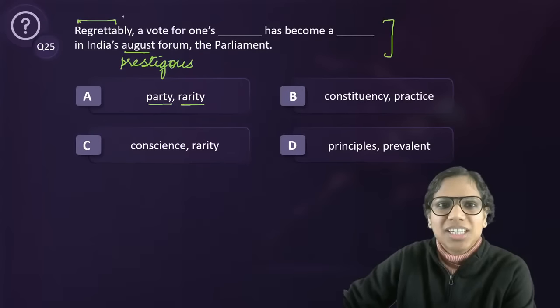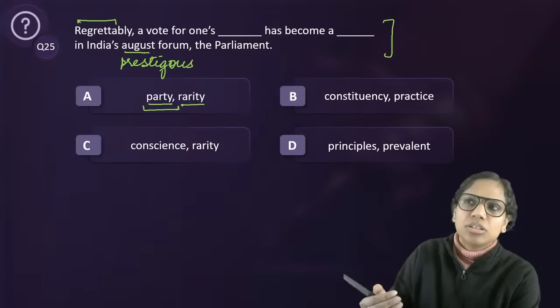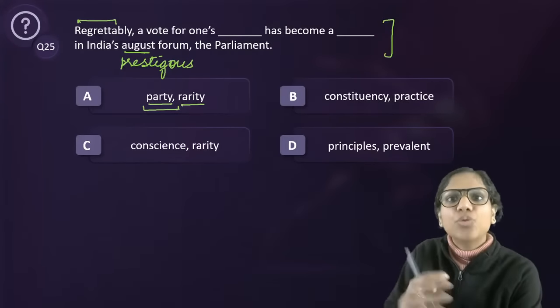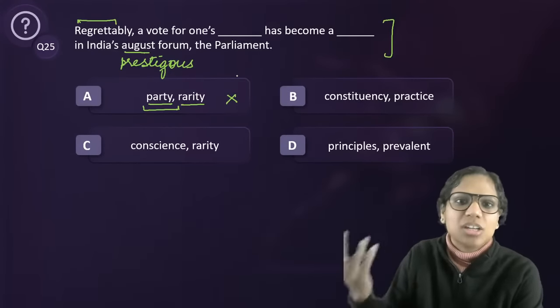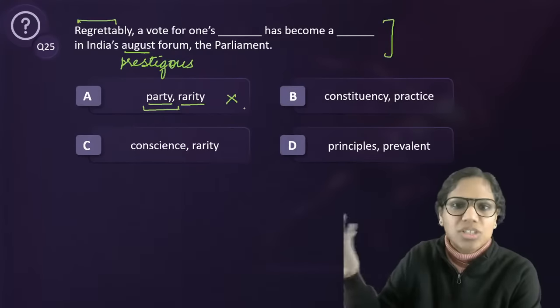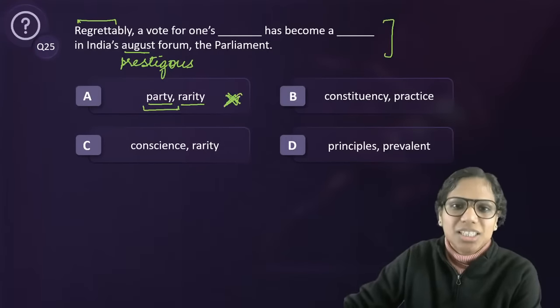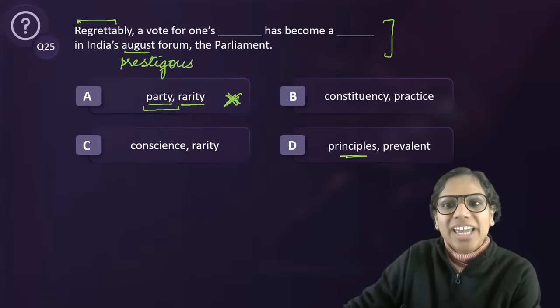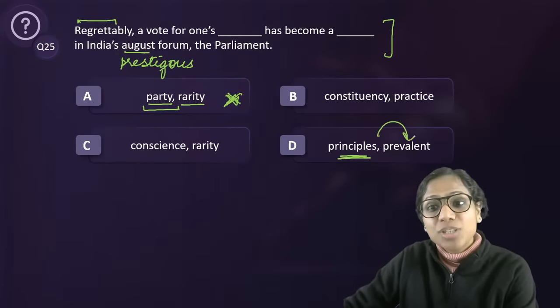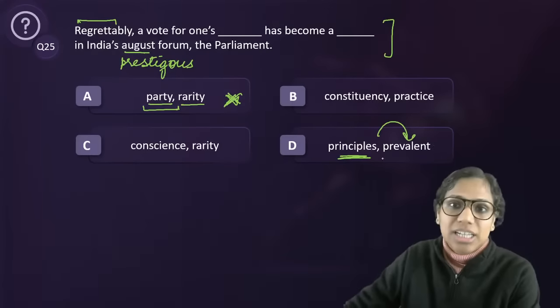Why would a person regret this? In fact, we should rather vote for the causes that we believe in rather than voting always for our party. So I don't think a person will regret that various members are not voting for their parties. That's not something to regret, right? If again a vote for one's principles becomes prevalent, again you will not regret it, isn't it?